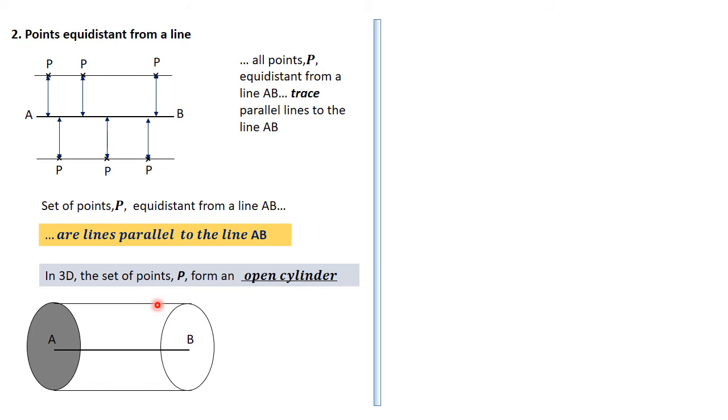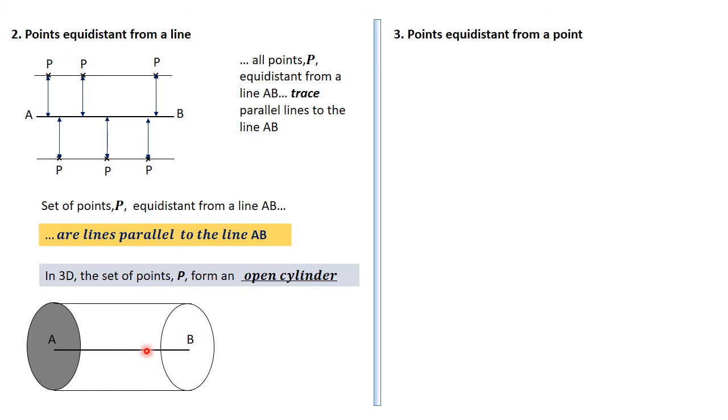If a point P is at that point there, the shortest distance to line AB is the same as for another point, say here, and so on. There is an infinite number of points which are equal distances from the line AB, such that the shortest distance between P and the line AB is the same in all cases, wherever P is. So those sets of points are parallel lines to the line AB, and I think that's that.